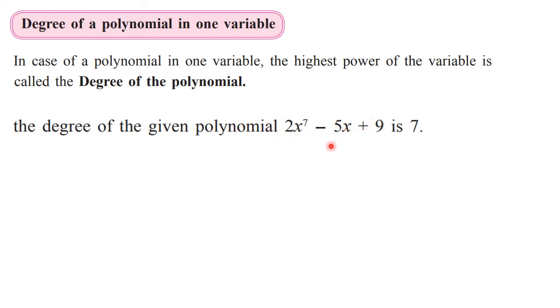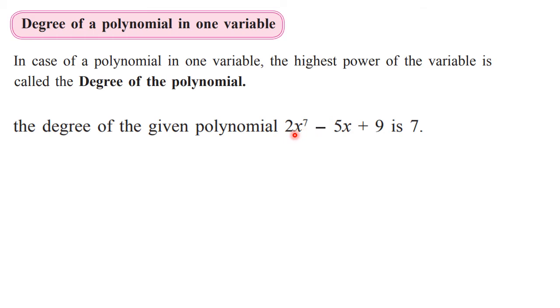If only one variable is there, you have to observe the highest power of the variable. So if the polynomial is in one variable, then the highest power of the variable is called the degree of the polynomial.